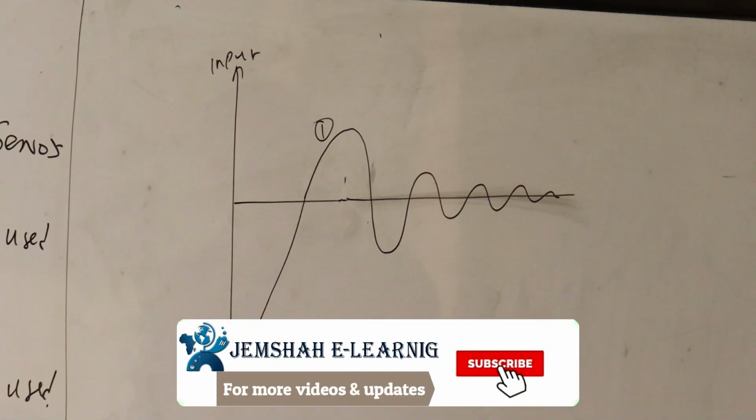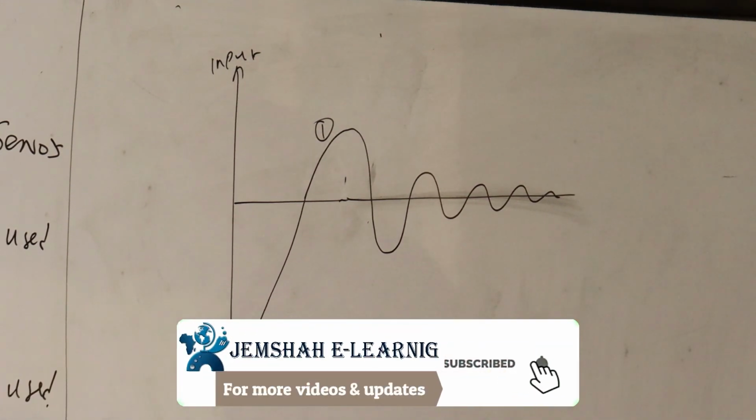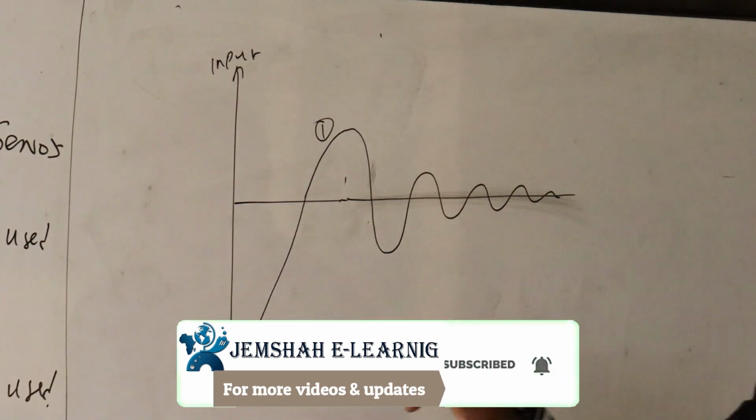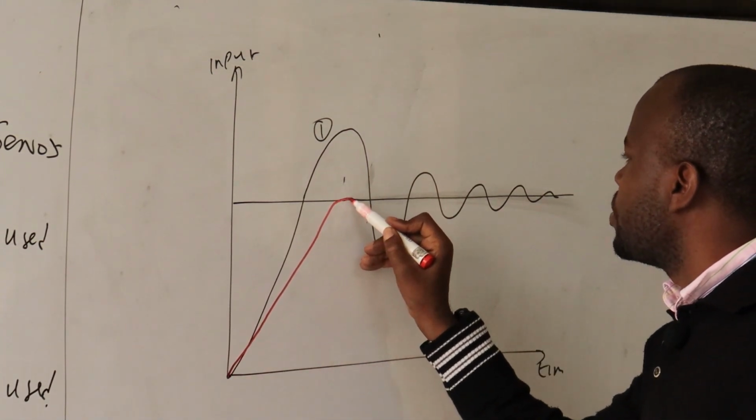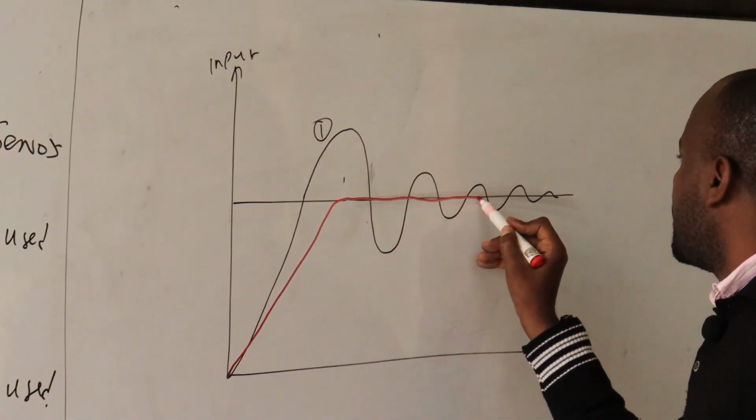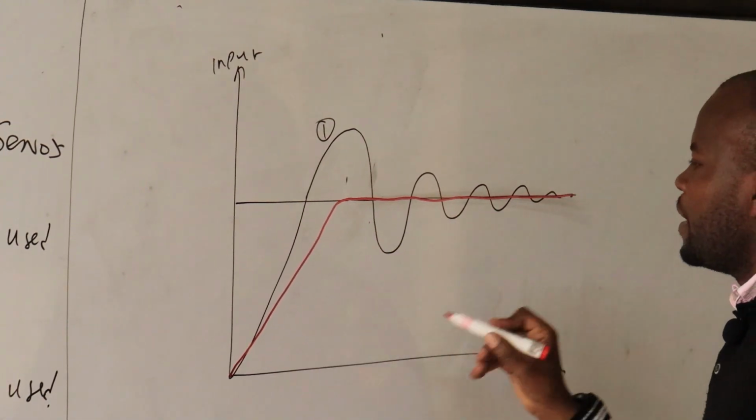If the system is critically damped, it will come to the step value, and when it comes to that point, it will stay there.